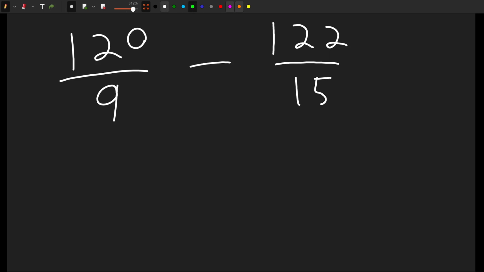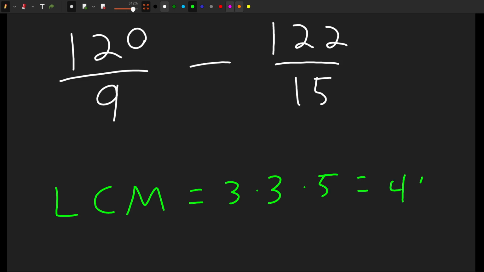I'm going to leave you to figure this one out, but my lowest common multiple is going to be 3 times 3 times 5, which is going to be 45. So then here I'm going to multiply this by 5, multiply this by 3.